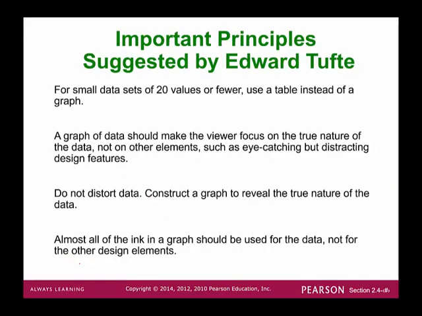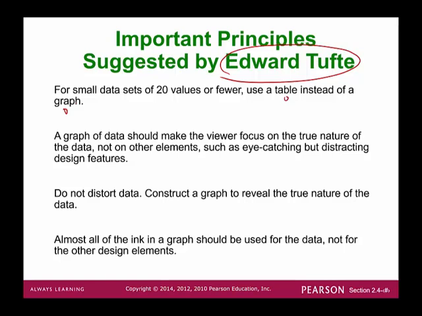And then some important principles suggested by Edward Tufte. For a smaller data set of 20 values or fewer, you can use a table instead of a graph. You can easily get a breakdown from the table, so a table is more effective compared to a graph.